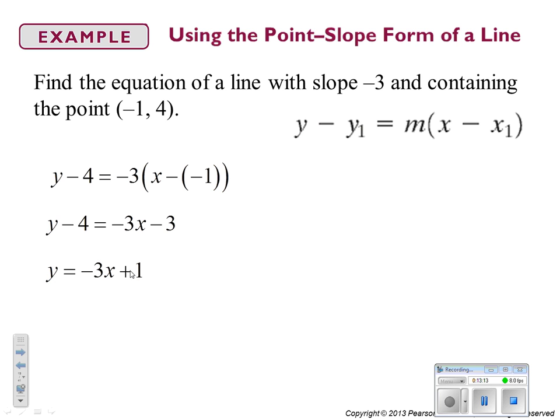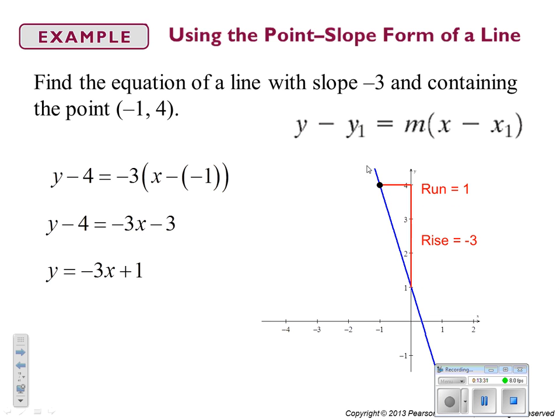Solving for y, we'll get it in, not standard form, it's actually in slope-intercept form. And this is how we usually like equations of lines to look, where y is on one side and everything else is on the other. The graph of this looks like so. It's got the point -1, 4 right here, and the slope is down 3 over 1.